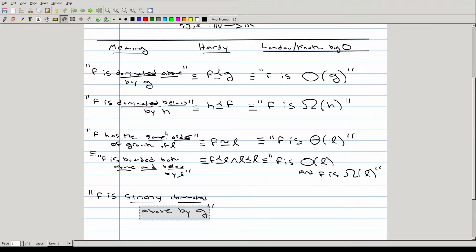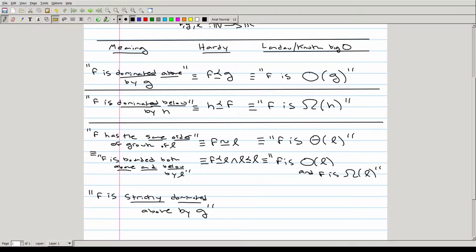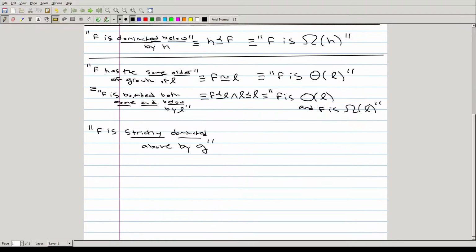This has a rather nice notation or nice expression in the Hardy notation. We can go through and say that this is in the Hardy notation given by the expression f curly less than sign g.